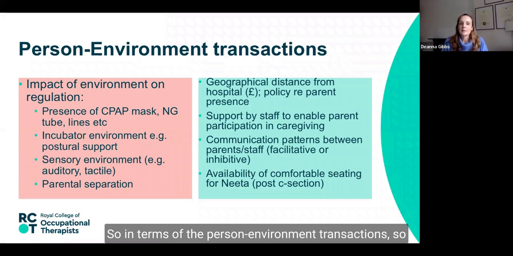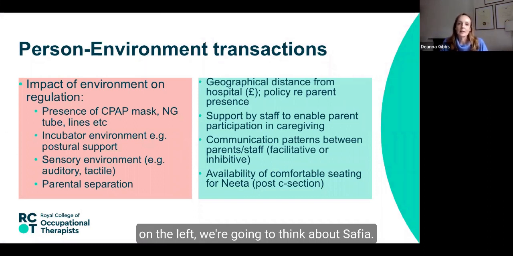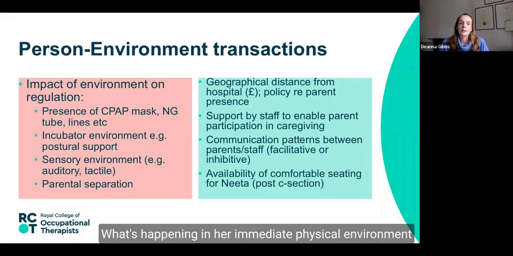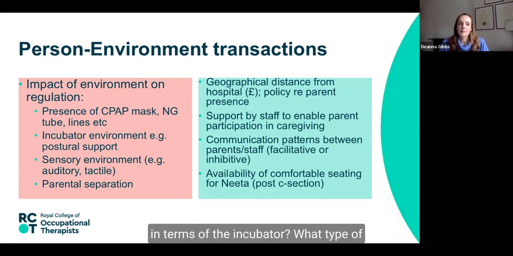In terms of the person-environment transactions, on the left, we're going to think about Sophia. What's the impact of the environment on her, and particularly on her neurobehavioral regulation? What is the impact of having the CPAP mask, the NG tube in, the various lines in? What's happening in her immediate physical environment in terms of the incubator?